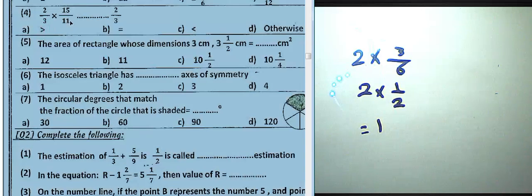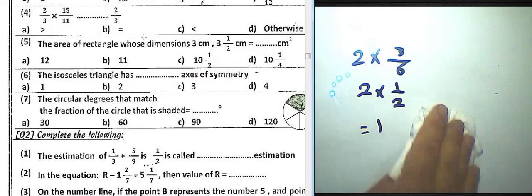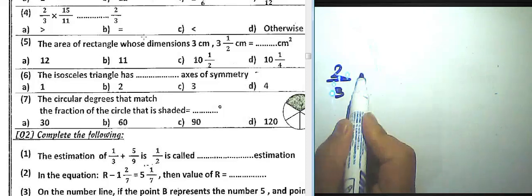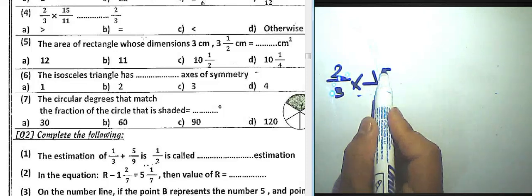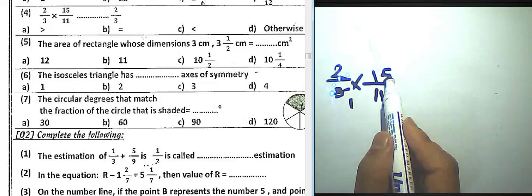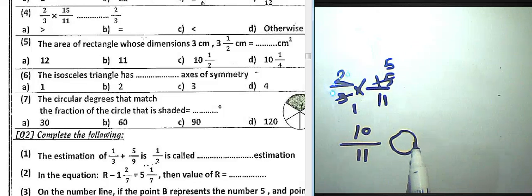2 over 3 multiplication 5 over 11 and 2 over 3. Which is greater? First we can simplify this example. 2 over 3 multiplication by 5 over 11. We know 3 divided by 3 equal 1 and 15 divided by 3 equal 5. Then 2 times 5 equal 10 and 1 times 11 equal 11. Which is greater, 10 over 11 or 2 over 3?